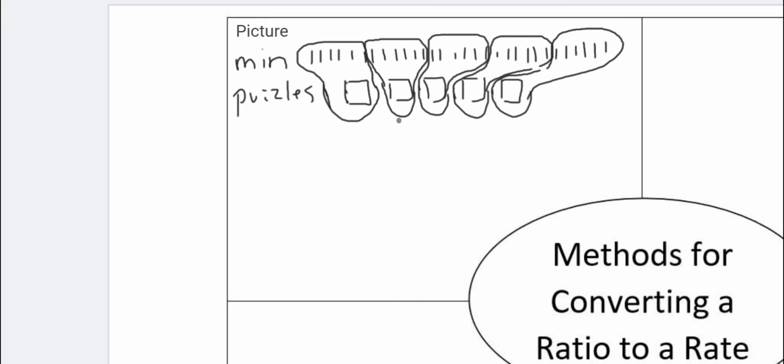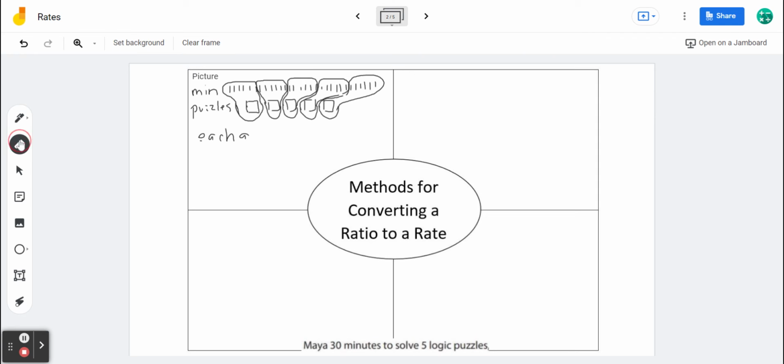So this picture shows me that I made 5 equal groups. There's nothing left over. I didn't run out of something. Each group has 6 minutes and one puzzle.